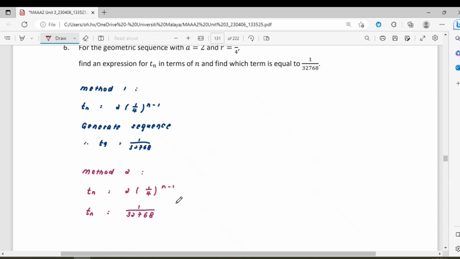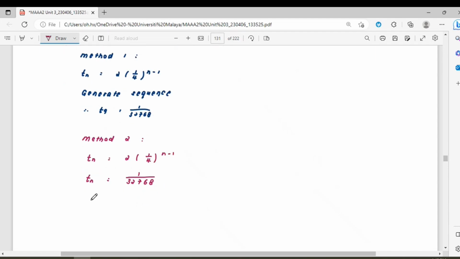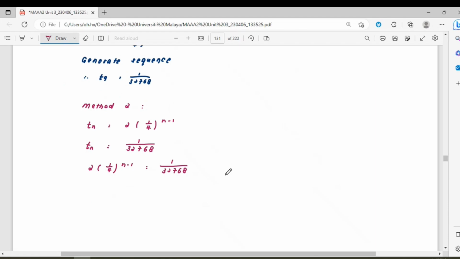So we can put them together as an equation: 2 multiply 1 over 4 to the power n minus 1 equals 1 over 32,768. So how are we going to solve this manually without using your TI-Nspire first?